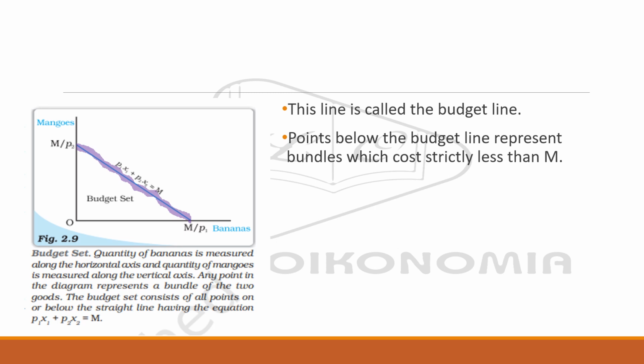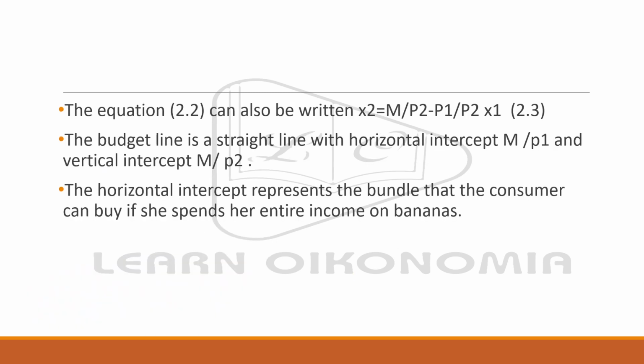But those points which are below this line on the positive quadrant of the budget set would be showing you the bundles which cost strictly less than M. Okay, so from the equation, you can consider the quantity of x2 as m by p2 minus p1 by p2 into x1.